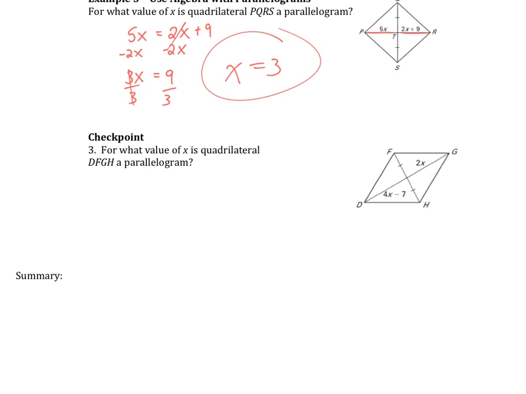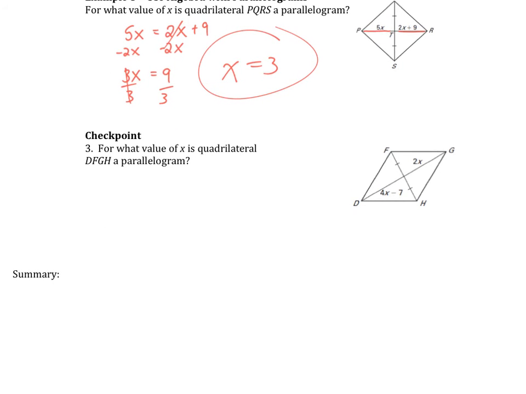All right, and then our last checkpoint. For what value of x is quadrilateral DFGH a parallelogram? If this is a parallelogram, the diagonals would bisect each other, meaning that these two parts would have to be equal. So 4x minus 7 would have to equal 2x. If we solve this equation, if you subtract 4x, we would get negative 7 equals negative 2x.